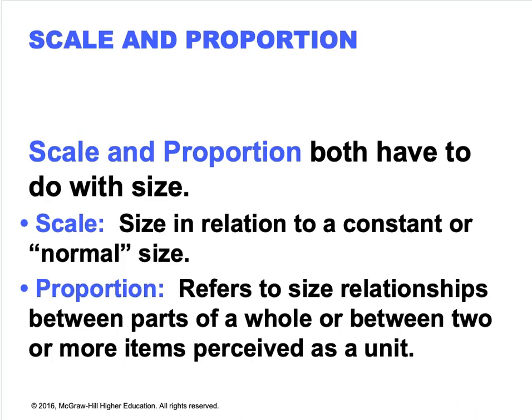But in relation to itself, if it's done well, the rear view mirrors are still the right size compared to the car. The tires aren't huge in comparison to the car. They're accurate in comparison to the size of the car. So that's scale. It's still okay in relation to itself. It's just either a much bigger or much smaller version of the real thing, normal size.